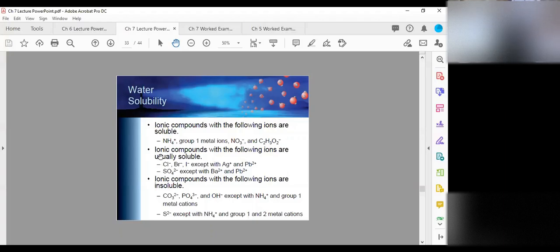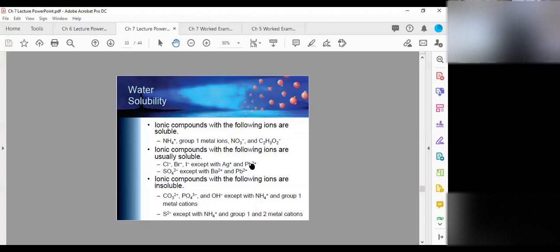The next rule, ionic compounds with the following ions are usually soluble, except, so halides are always soluble unless they are with silver or lead. So silver chloride, silver iodide, silver bromide, lead 2 chloride, lead 2 bromide, lead 2 iodide, these compounds are insoluble. They are solid compounds.